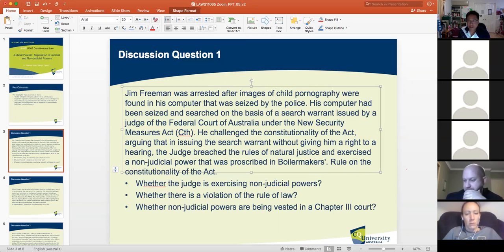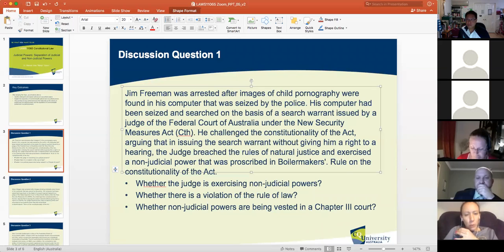Now, having identified the legal issue, can somebody attempt to tell us what the legal rules might be that inform on the legal issue? Volunteers? What are the rules?